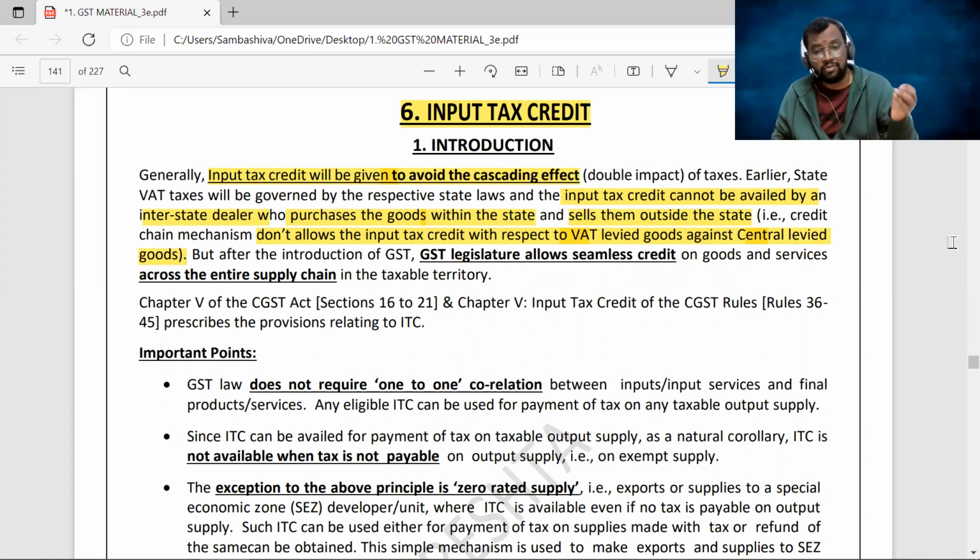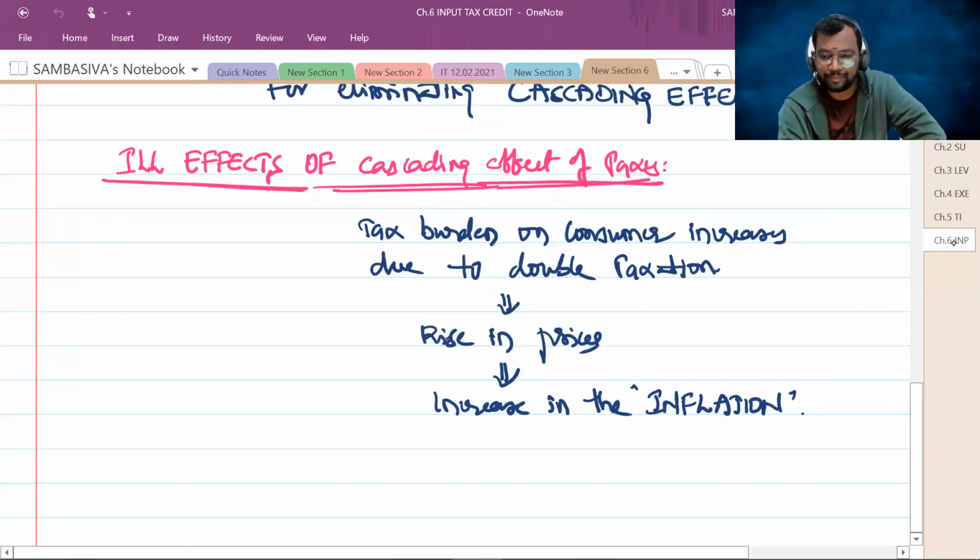If you remember, we have also learned this point. Non-integration is one of the major reasons behind the introduction of GST. This concept we have studied again in the first chapter itself. The major reason is non-integration of central taxes with state taxes. Right, sir? Let me take you to those running notes again.